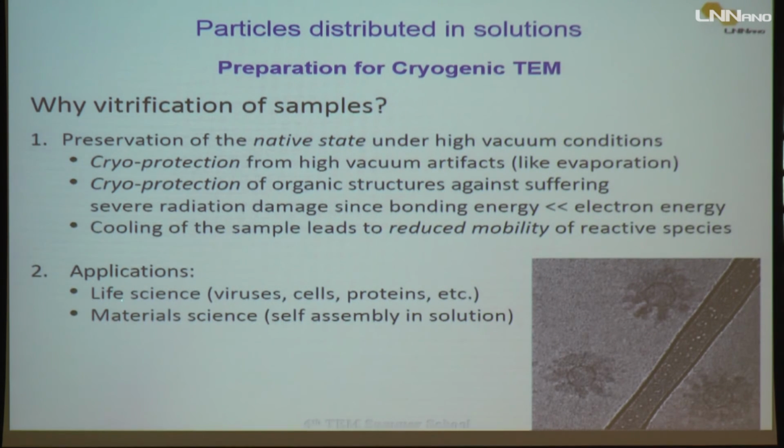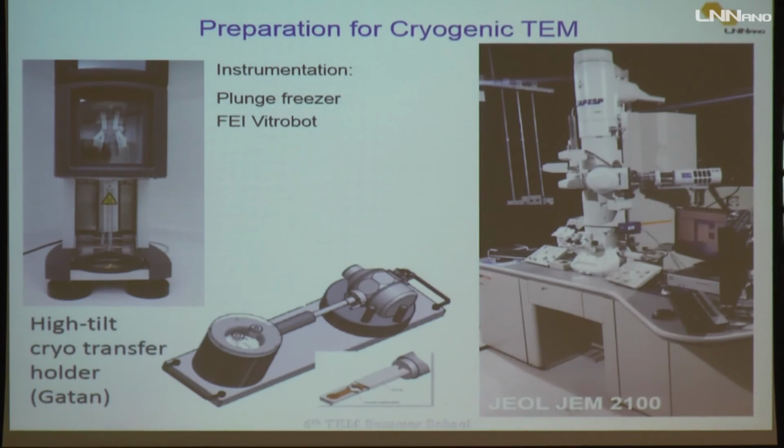There are applications in life sciences to see molecules, proteins, viruses, cells, and so on. And in material science also, you can see self-assembly in solution. You preserve exactly the way that the molecules, the micelles, for instance, are organized in solution.